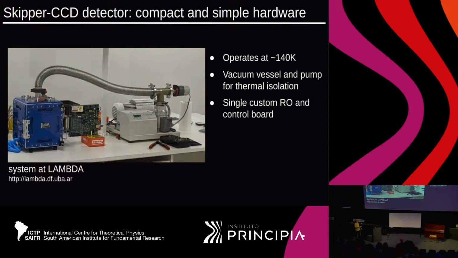Liquid nitrogen is about 77 Kelvin, so you even need to heat it up to get to 140. Because these things are cold, you need to isolate them from the environment just with a vacuum vessel, the same as a thermos. And this is our control and readout electronics. So you see that these systems can be very, very compact.